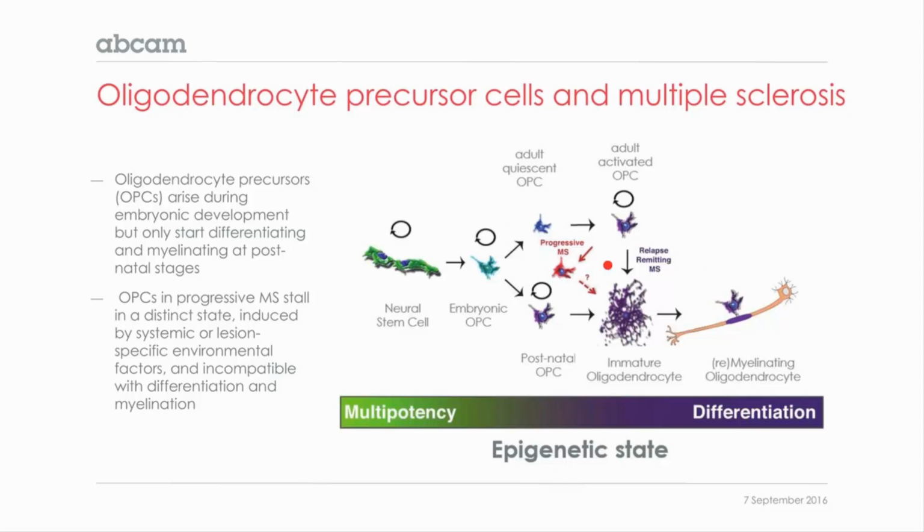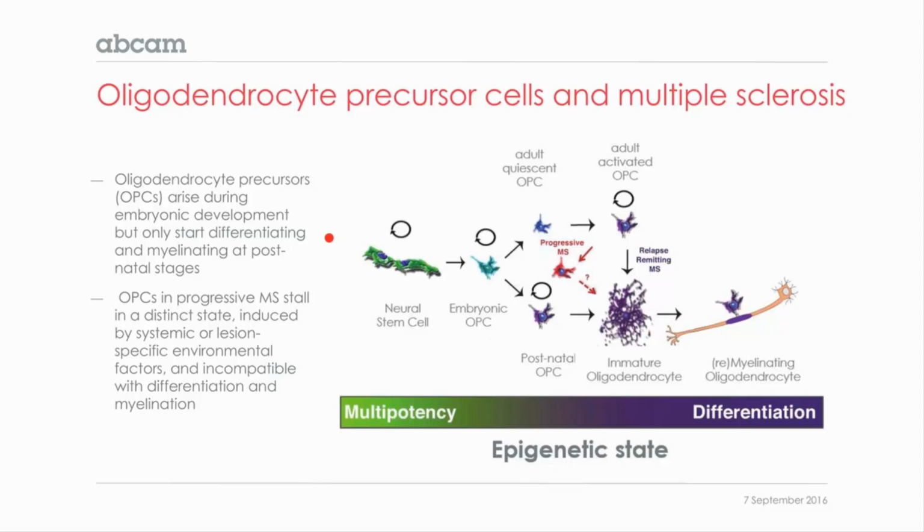However, when the disease becomes progressive, some of these precursors can still be in the lesions, but they fail to differentiate. And this is one of the main questions that we are asking in our lab: how the epigenetic state of these oligodendrocyte precursor cells correlates with their capacity to differentiate and to myelinate.